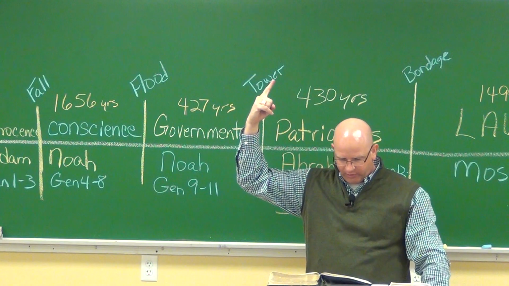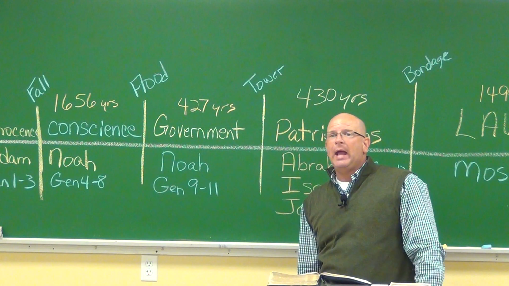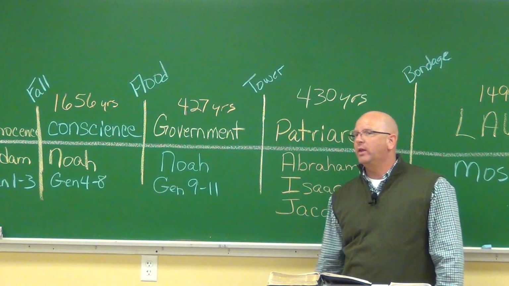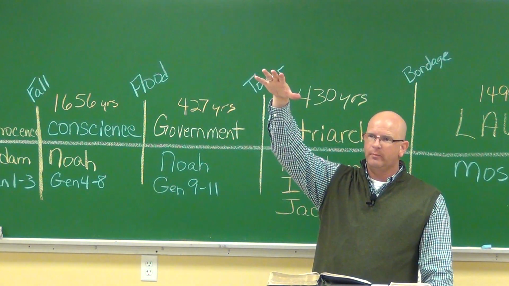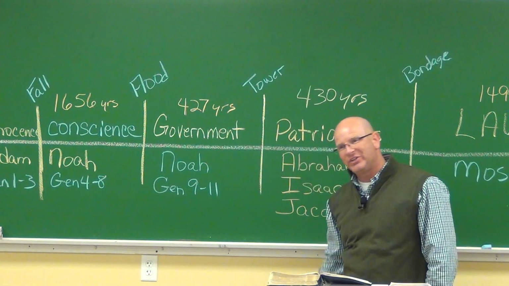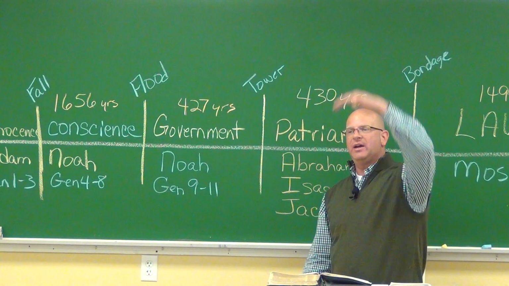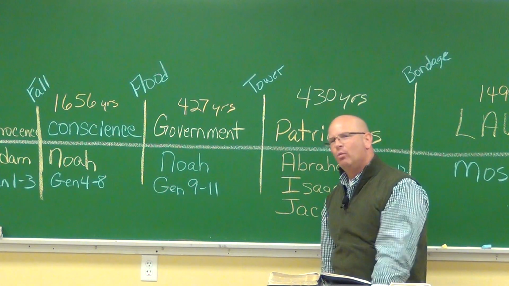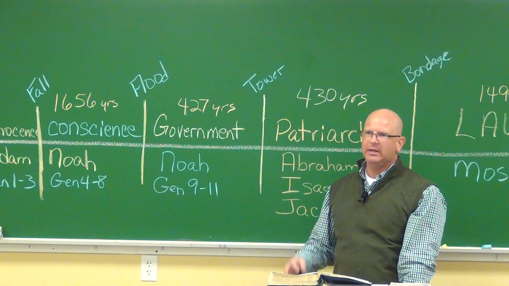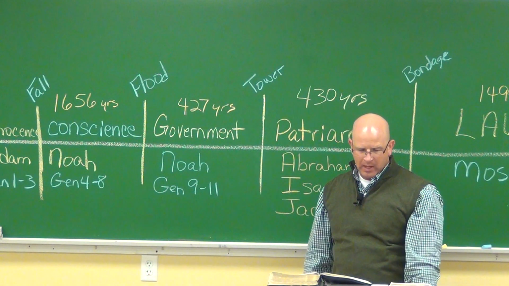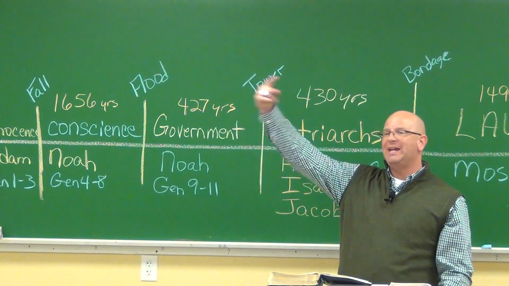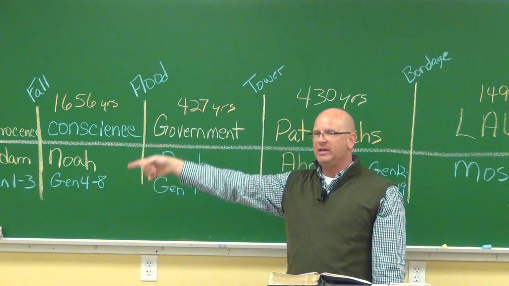Japheth went to the north and migrated up to the north and established Europe. Ham went to the south, Africa, Egypt. And then Shem went to the east and established Asia.